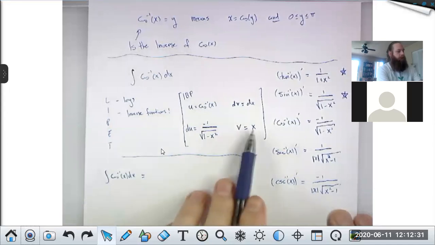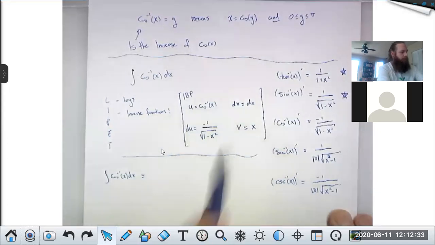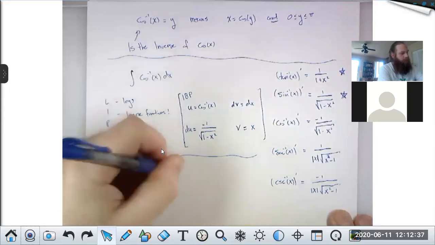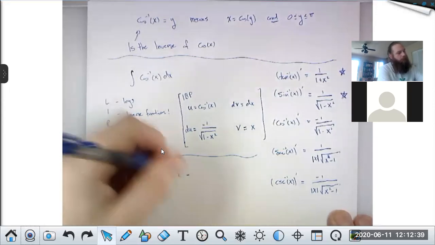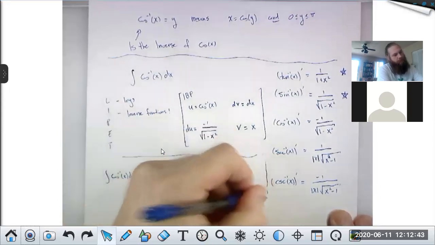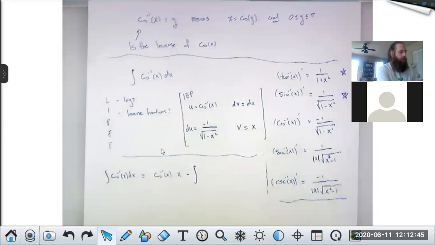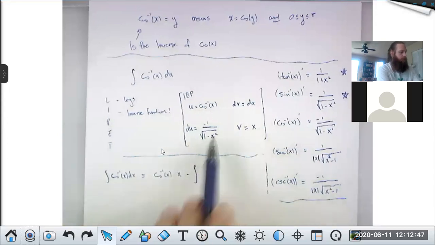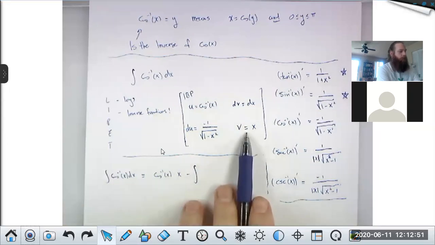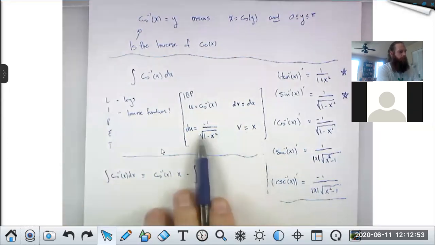Perfect. So that's u times v. That's inverse cosine of x times x, or x cosine inverse of x, minus the integral of, and dv is just dx.